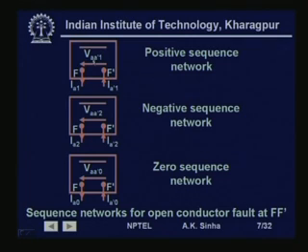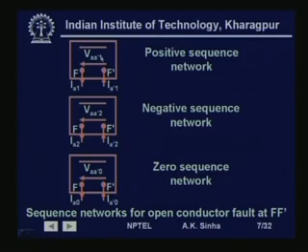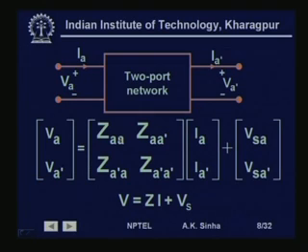That means we have to think of Thevenin's equivalent in terms of 2 port network, because here we have a 2 port network between F dash and the reference and F and reference for each of the sequence networks. So, we need to take care of this using the theory from 2 port network.